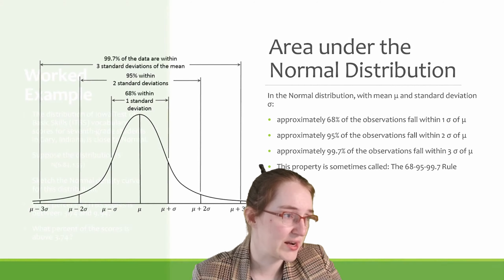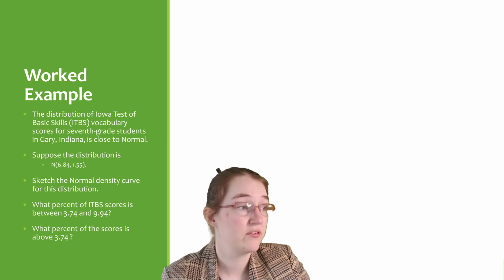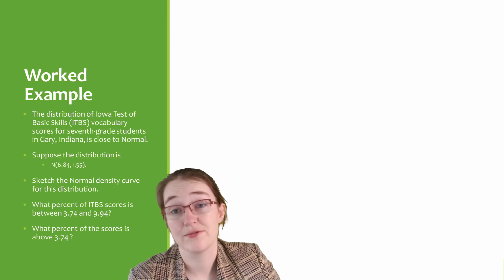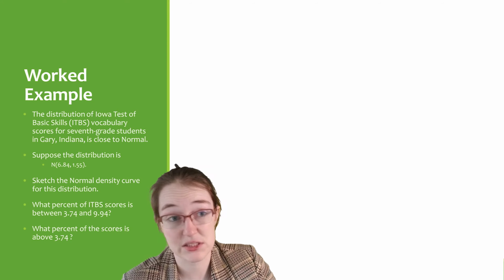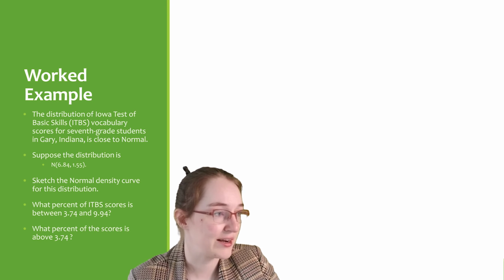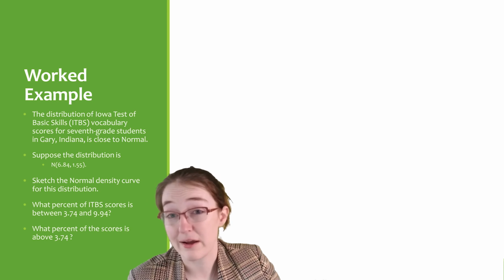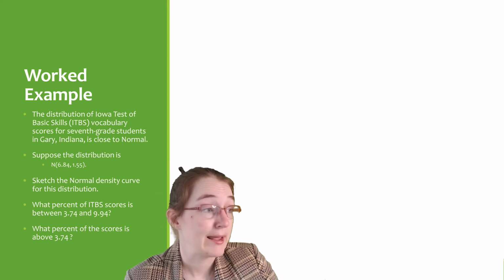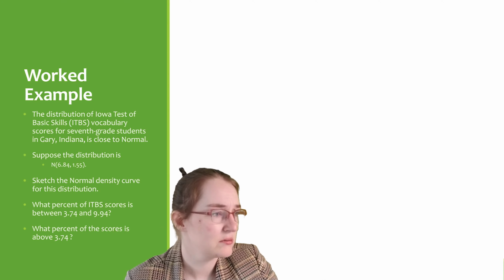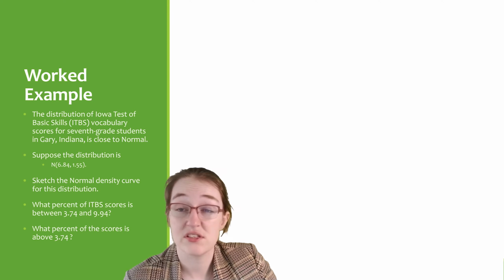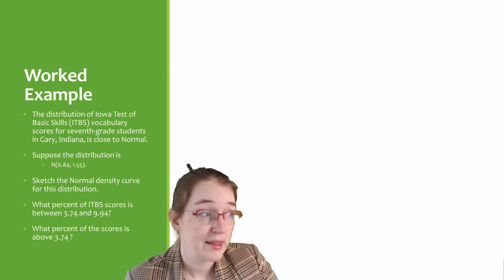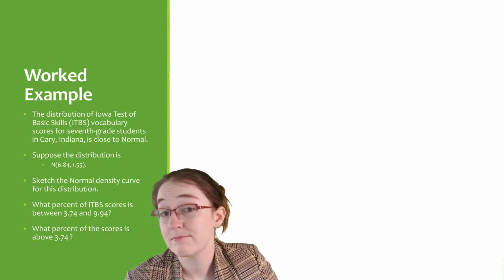To illustrate, here I have the distribution of an Iowa Test of Basic Skills vocabulary score for 7th graders from Gary, Indiana. It's pretty close to normal. Suppose that we have a mean of 6.84 with a standard deviation of 1.55.